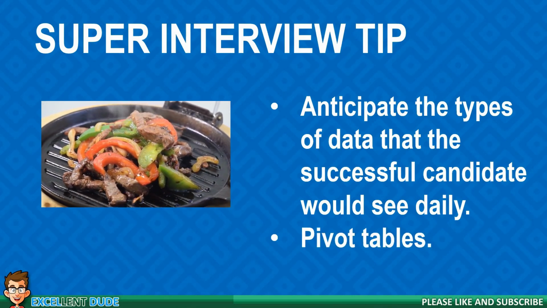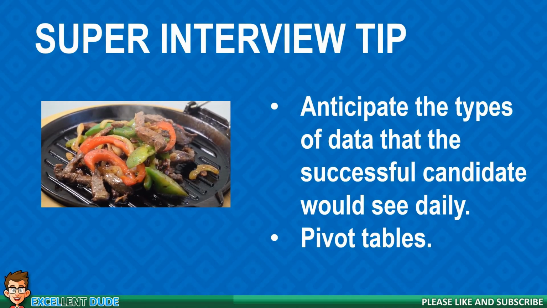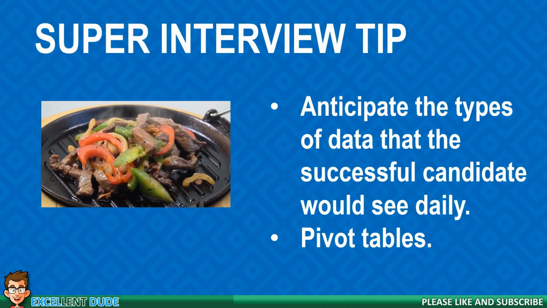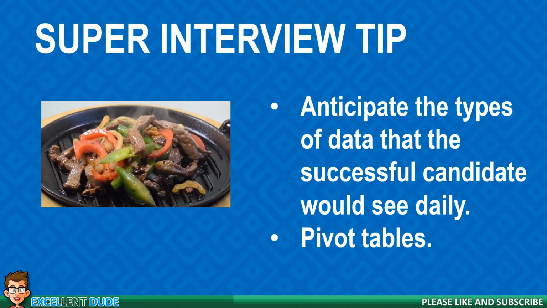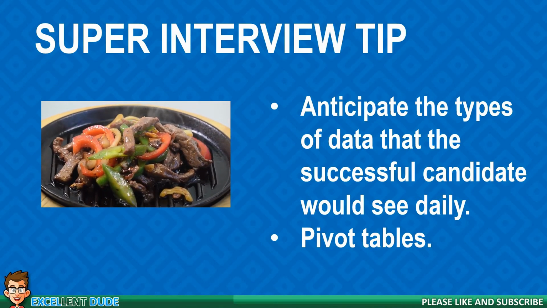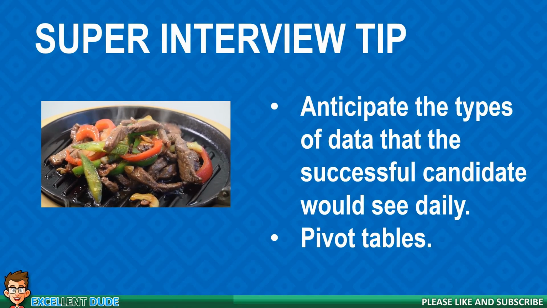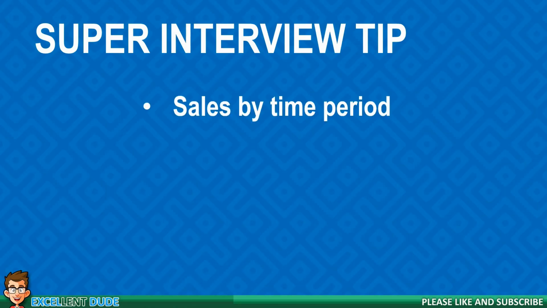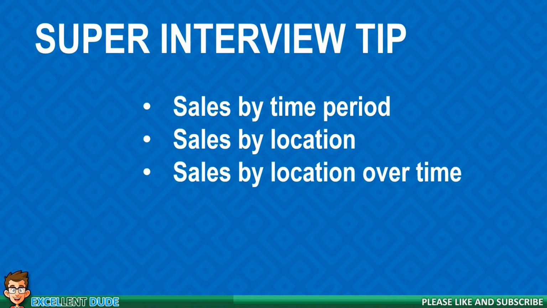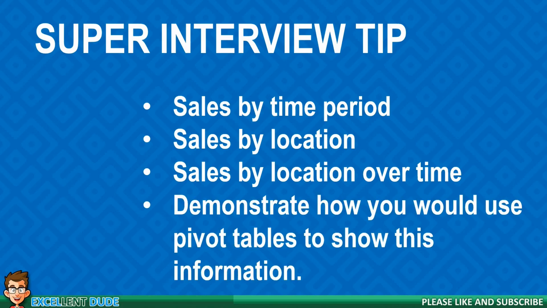You could say something like, "While I've never worked in the restaurant industry, if I were the successful applicant, I would imagine that senior management would want to see the following KPIs on a regular basis: sales by time period, sales by location over time, and how you would set up pivot tables to deliver this information." You obviously won't know their exact data analysis needs, and they won't expect you to.